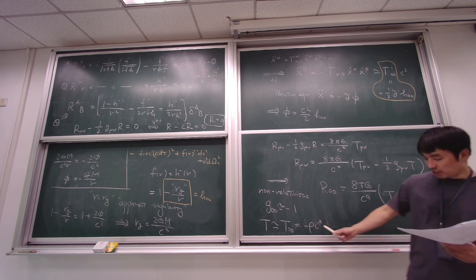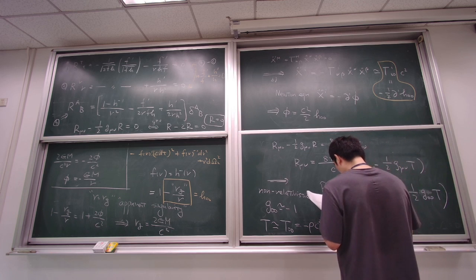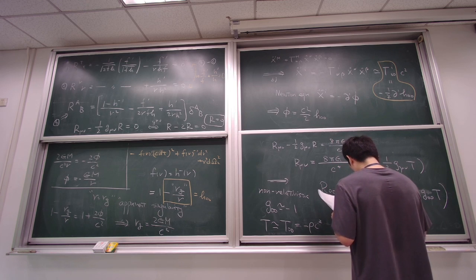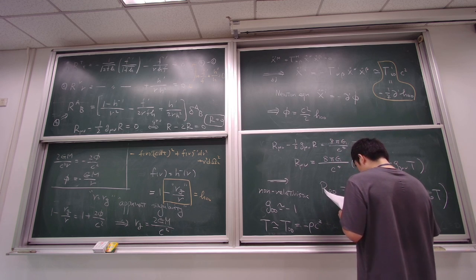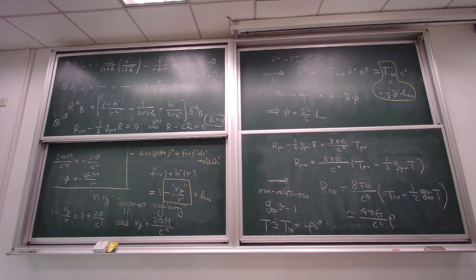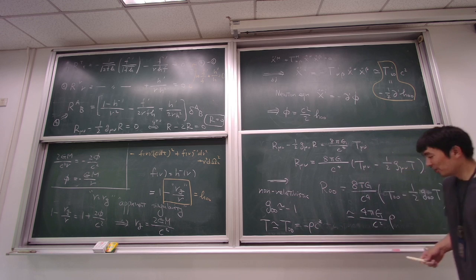Anyway, you can take this assumption and plug it in here. If you plug this in, what you get is that this is equal to 4 pi G over C squared rho, where rho is the energy density.